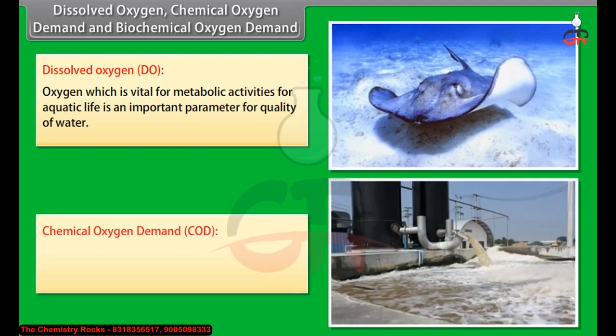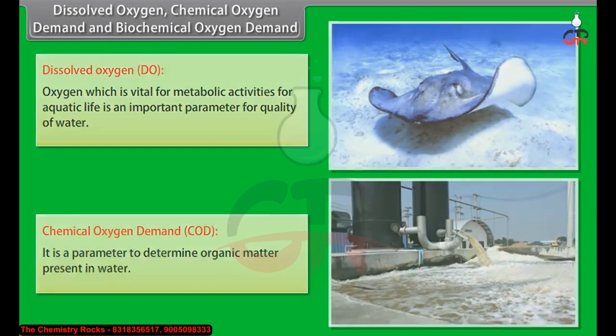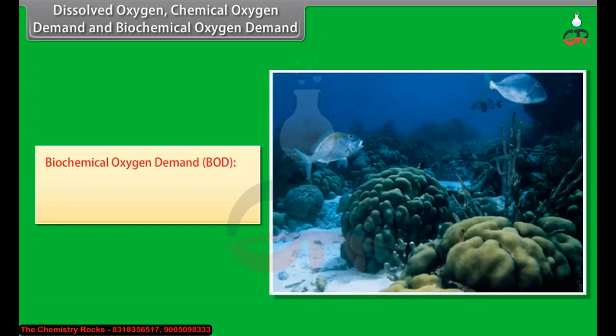Chemical oxygen demand. It is a parameter to determine organic matter present in water. Biochemical oxygen demand. It is also a parameter to determine the quality of water. It is measured by the quantity of oxygen utilized by suitable aquatic microorganisms during a 5-day period.